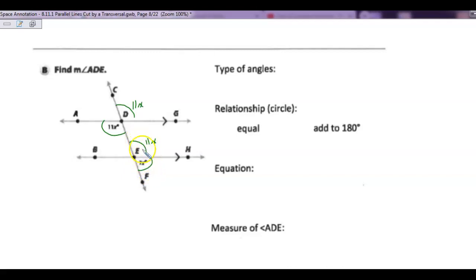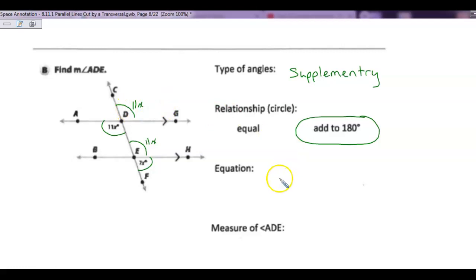So the sum of these two is going to equal 180. Okay? So the type of angles, they are supplementary. And that means that they're going to add to 180.